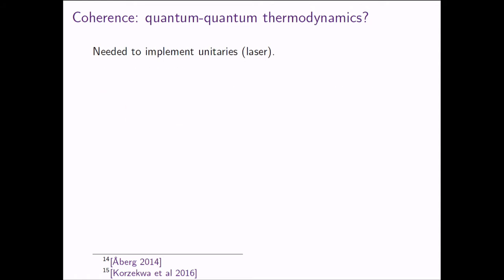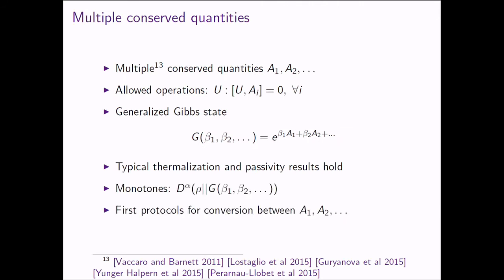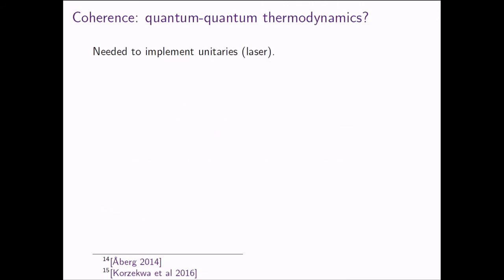The first thing is that we could be interested in implementing rotations in your state, like we saw before, like going from 0 to plus, etc., that are coherent. But in general, how do you implement a unitary in the lab? You shoot a laser at some system, okay?